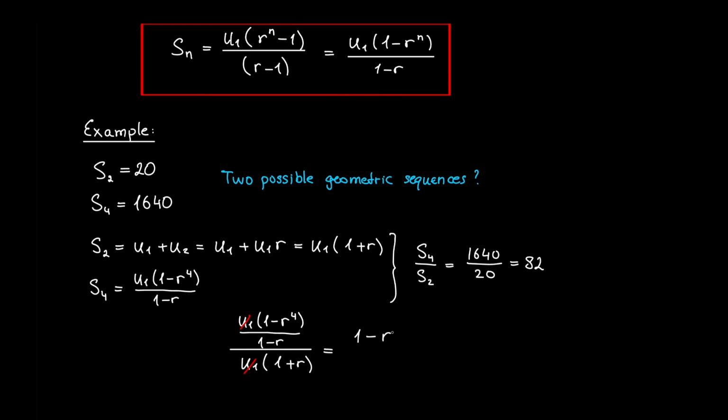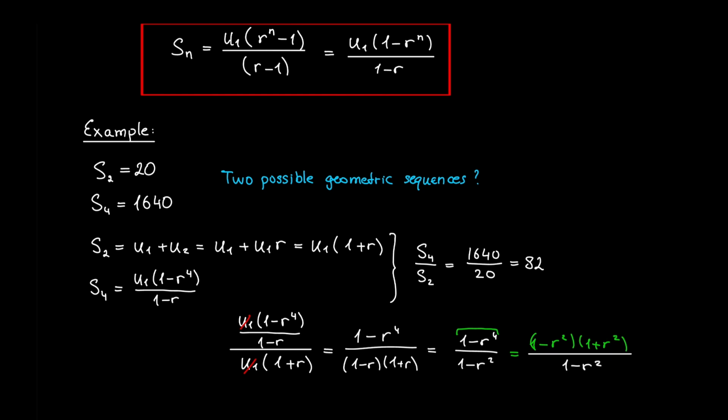We get 1 minus r raised to the power 4 in the numerator, and we get 1 minus r times 1 plus r on the bottom. We can simplify the bottom using the difference of squares, which gives us 1 minus r squared. On the top, we can also expand using the difference of squares. So what we get is 1 minus r squared times 1 plus r squared.